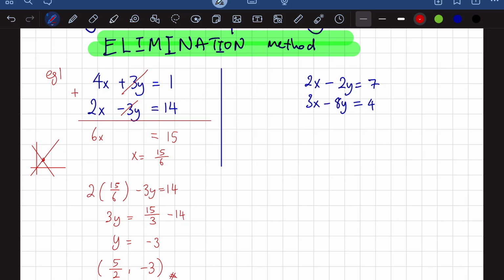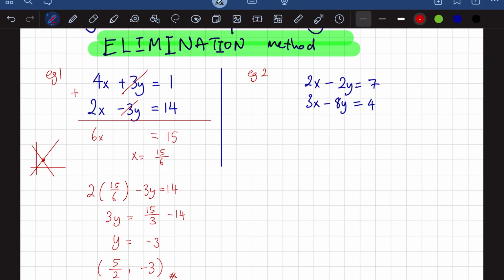Now, example 2 is a bit more tricky because you realize that right off, there's nothing that is common. So we're going to make a decision to either make x common or y common. For me, I've decided that since 8 is a multiple of 2, I want to convert negative 2y, which is in the top equation, to 8y.